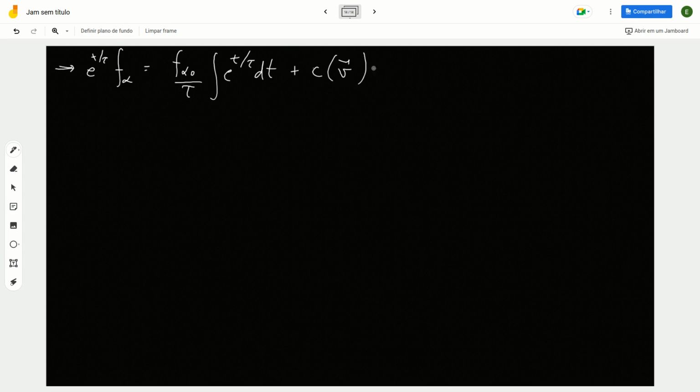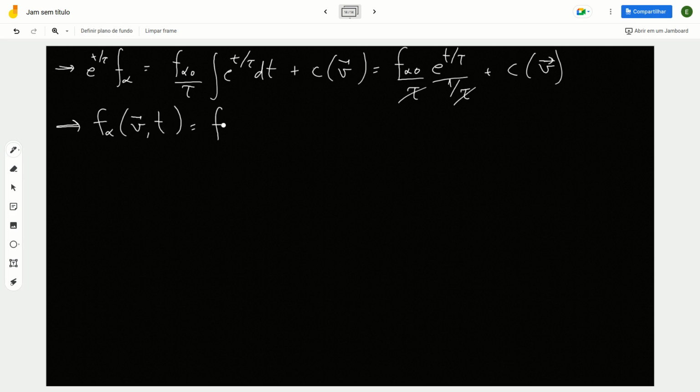And this is just this expression, e^(t/tau) over 1 over tau. This is the integral of the exponential, and I can cancel these two terms, and we get f(v,t) equal to this plus a constant times e^(-t/tau). This is strange. It looks like an x. It's tau.